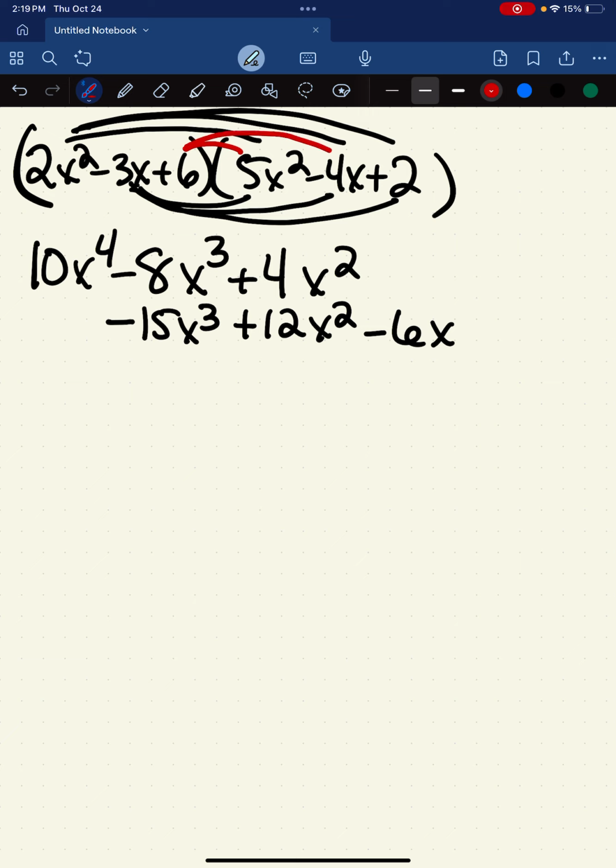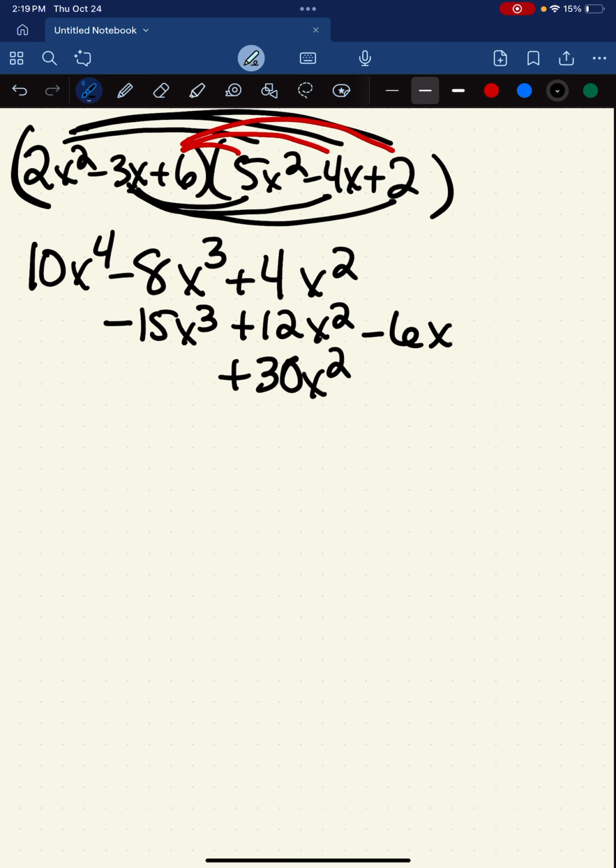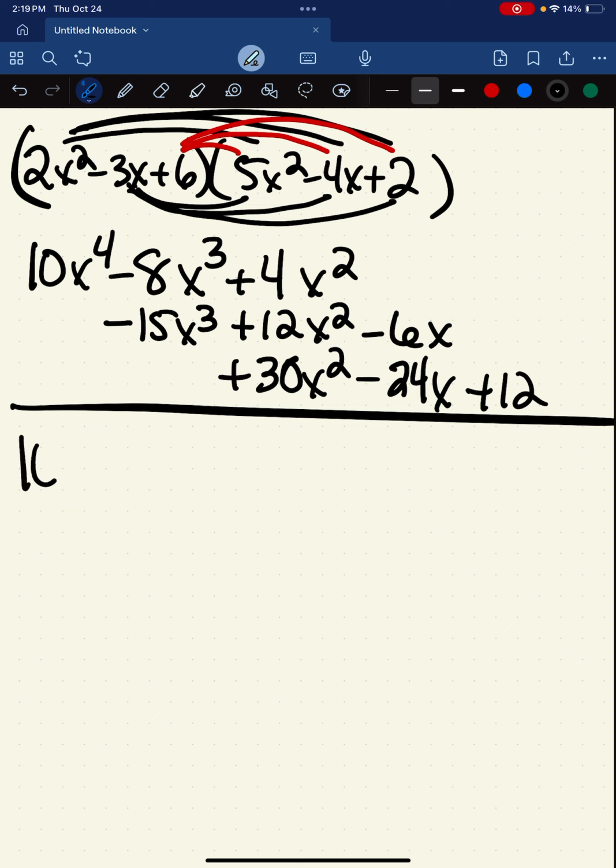And then I'm going to use a red color for this. We're going to do the 6 as well. So plus 30x squared, minus 24, I did plus, minus 24x plus 12.